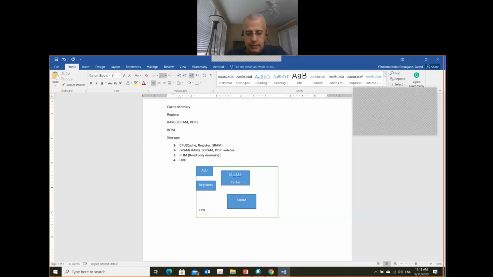Volatile. This is non-volatile. It's classified as non-volatile because it can keep its information without need to power, even when the computer is off.